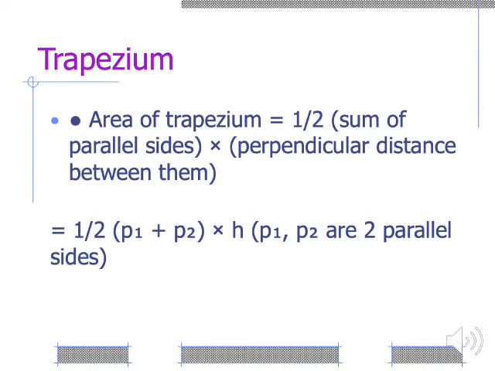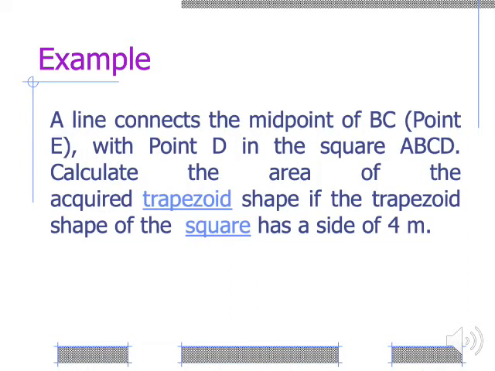Okay, example, so a line connects the midpoint of BC, and you have there the point E, with point D in the square ABCD. Okay, so calculate the area of the acquired trapezoidal shape if the square has a side of 4 meters.